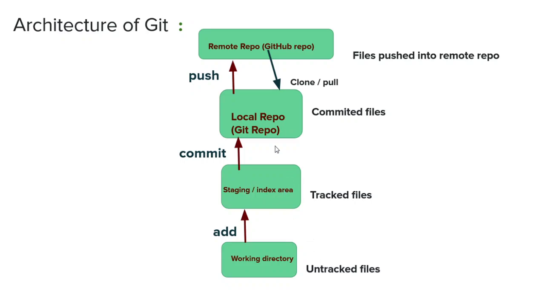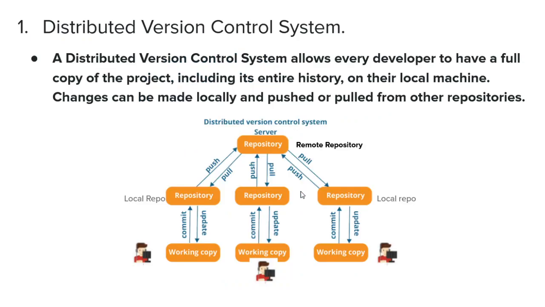The second part is the staging area or index area. The staging area or index area is a layer between the working copy and the local repository. So it comes in between the local repository and the working copy.